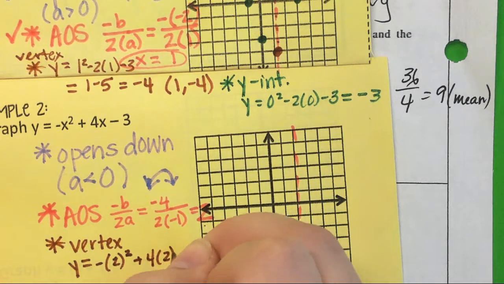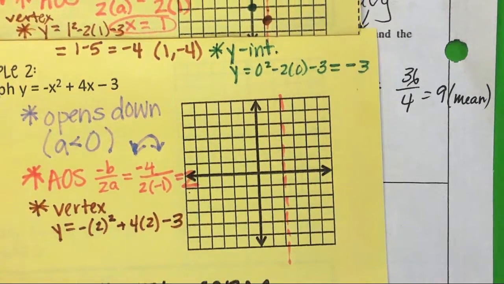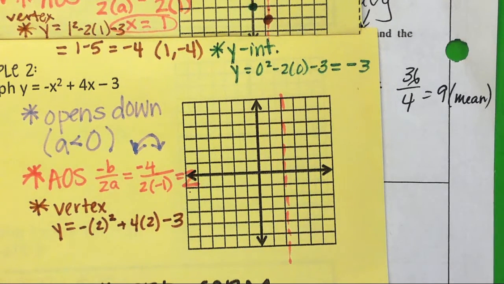What's the vertex formula? It literally is, if you know the axis of symmetry, plug that in for the x into your given equation. What did you get when you plugged it in?